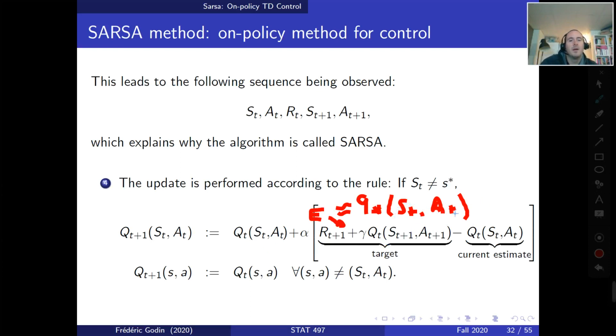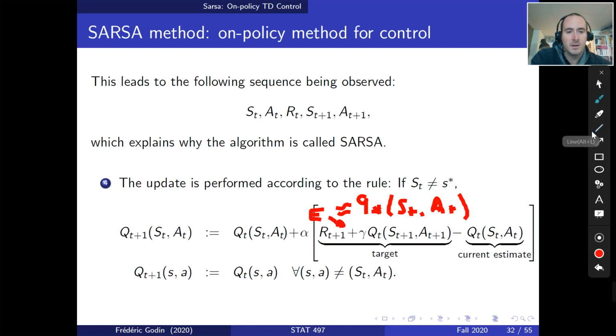So provided this estimate of Q is perfect, this would be an unbiased estimate of the true value. Sorry, how can I say that?